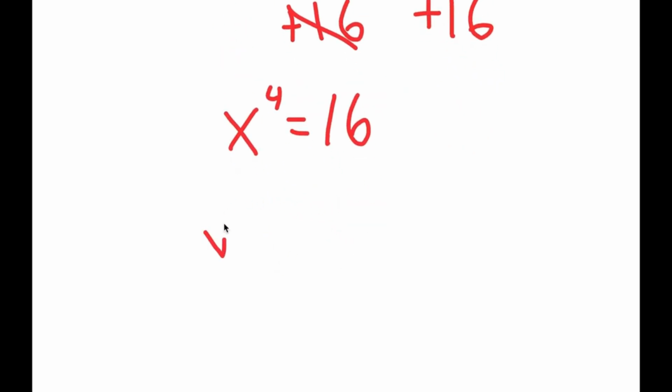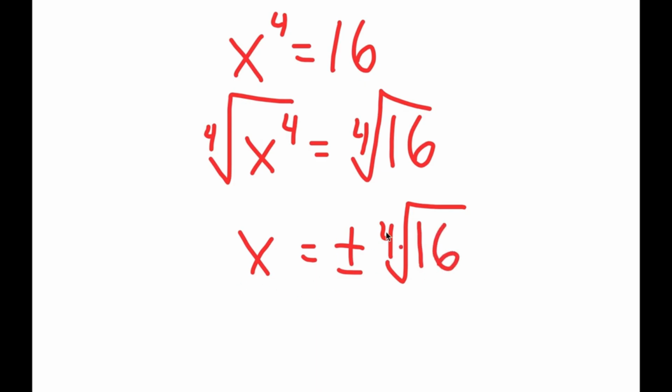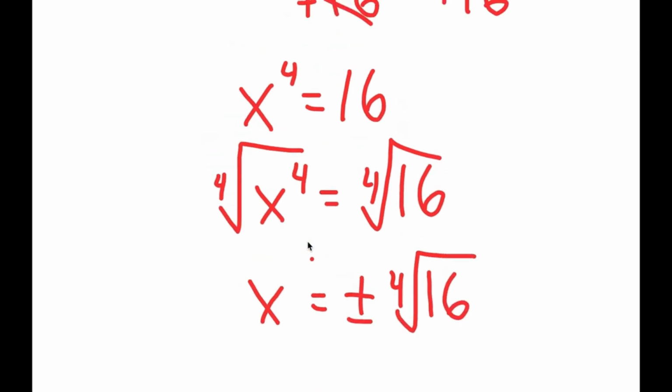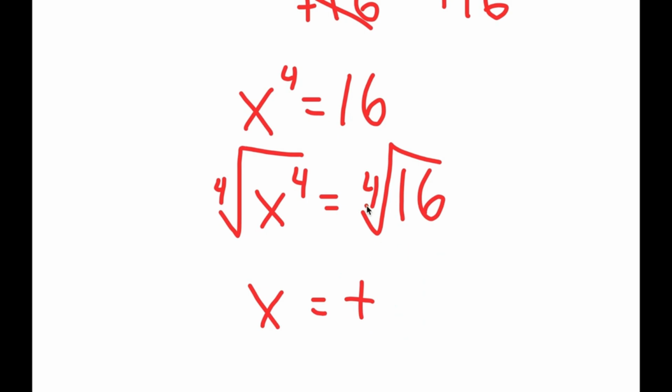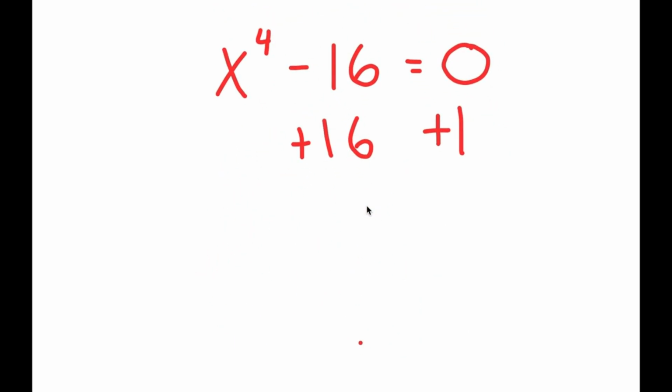And now, if I take the fourth root on both sides, I get x is equal to positive or negative fourth root of 16. And although this is one of the right answers, we can't actually find all the correct solutions to this equation by using that method.